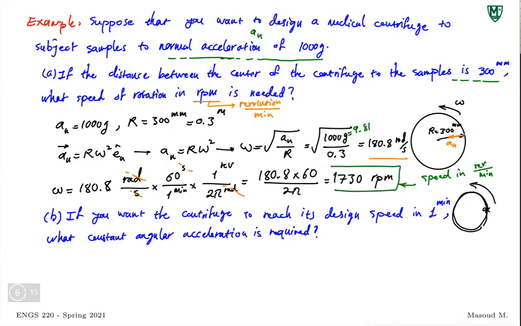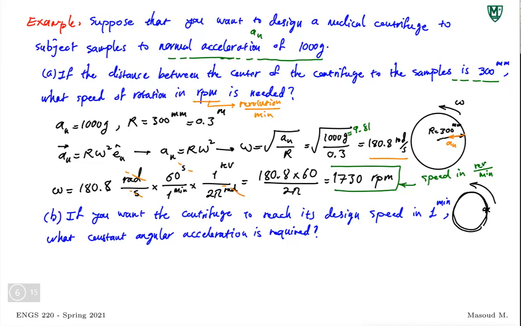This is the design constraint: you want to get to the design speed in 1 minute. You know the speed it should reach, and you start from zero.